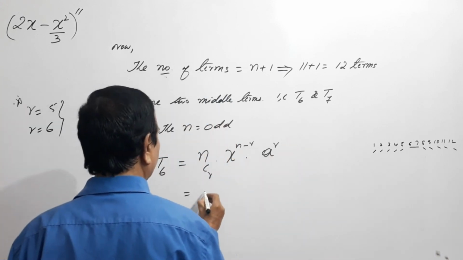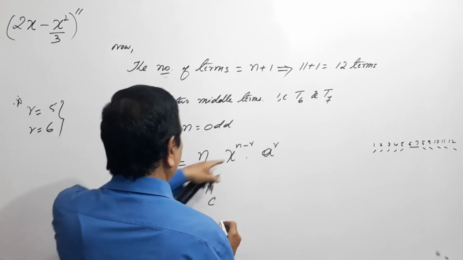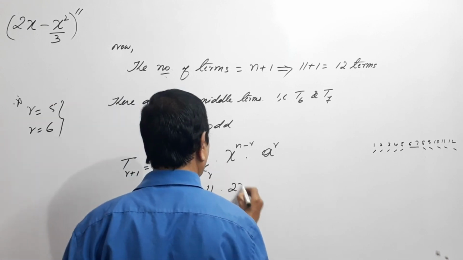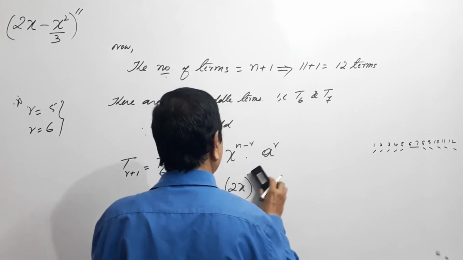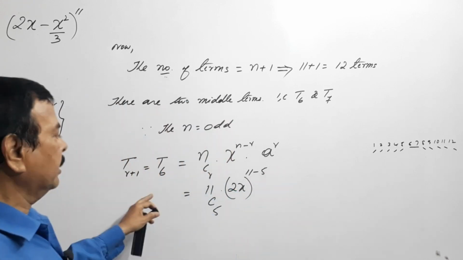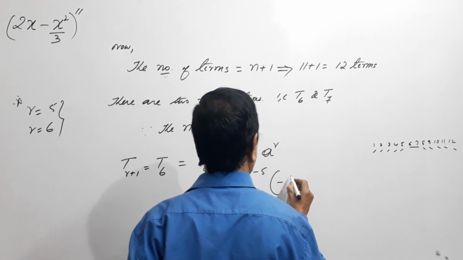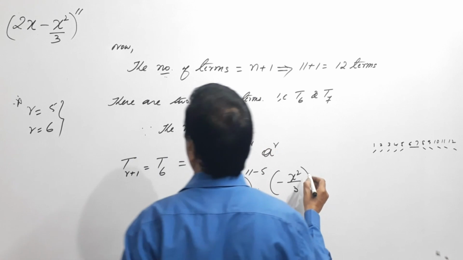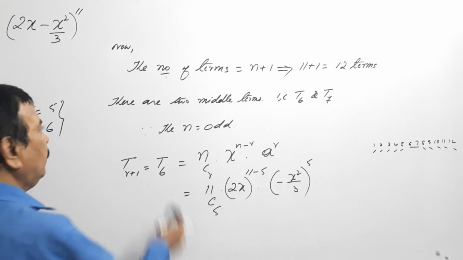In this case n is 11, r is 5 in the first case, x is 2x to the power of n, which is 11, minus 5, and a is minus x squared by 3 to the power of r, which is again 5. Done. So I will write it here.